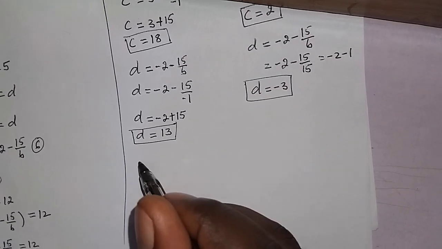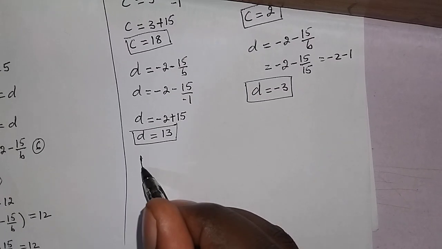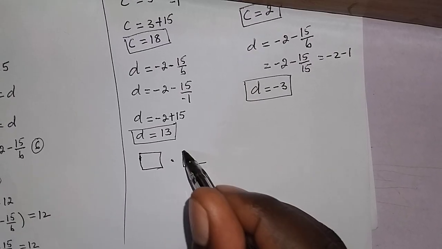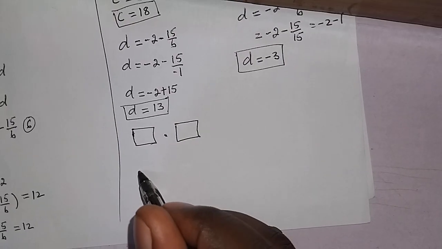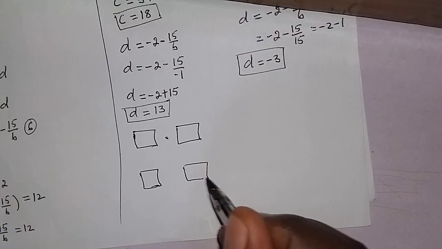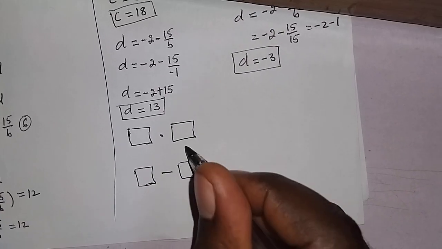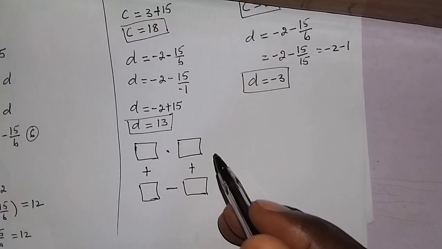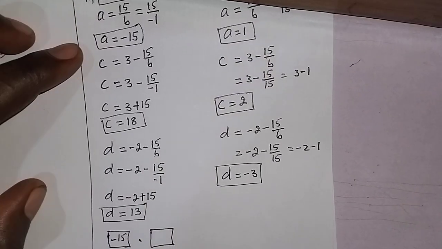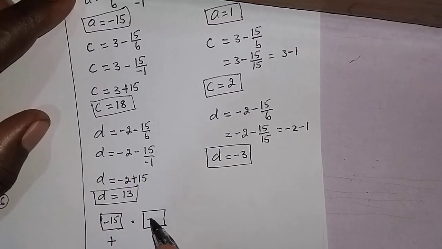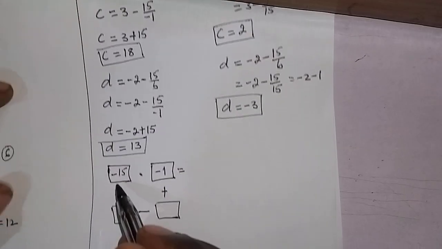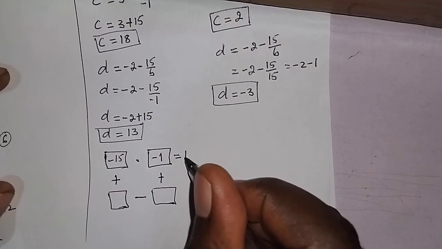So for case 1, if we have this times this one, and this one minus this, plus, A here is minus 15, B is minus 1. This is equal to minus 15 times minus 1 is equal to 15.